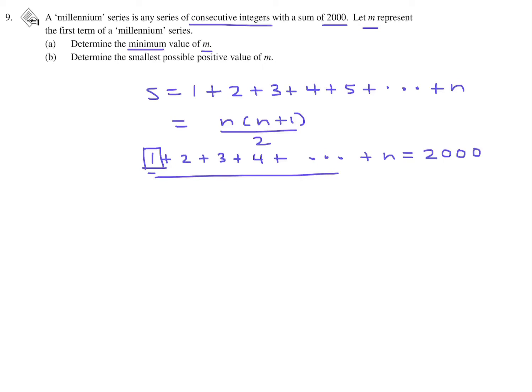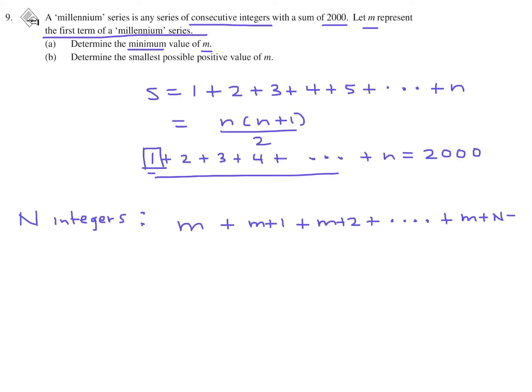So what we need to do is start introducing the letter m. So let's say you have a series of n integers, and the first term is m. That's what the question is saying. So they're consecutive, so this would be m plus 1. The next term would be m plus 2, and so on, all the way up to the last term, which would be m plus n minus 1, right?